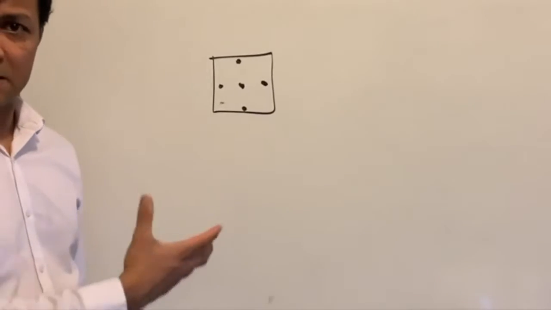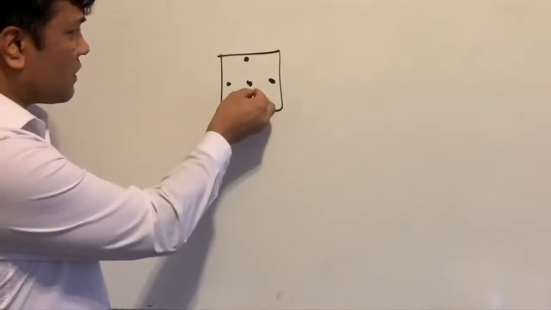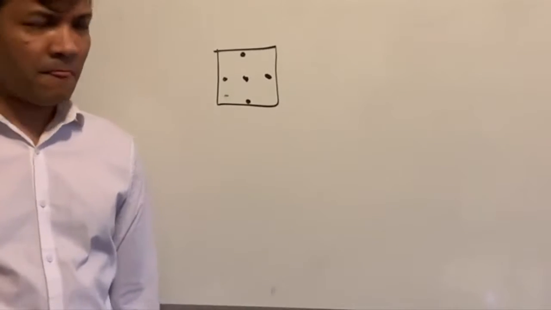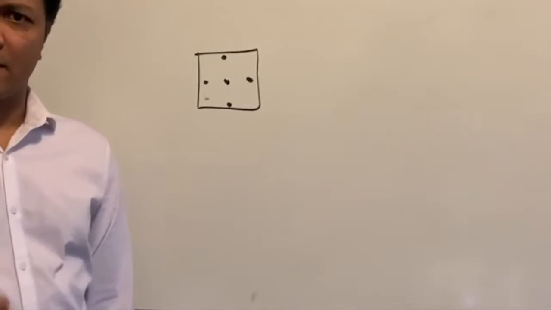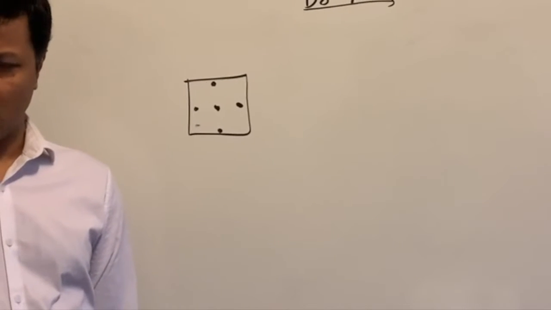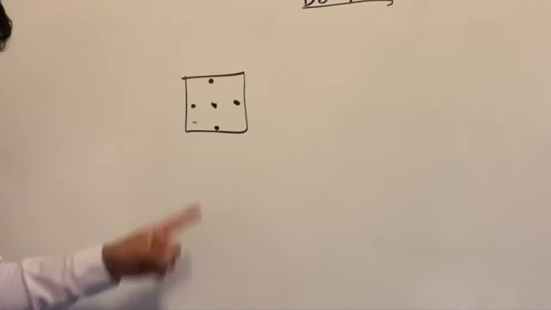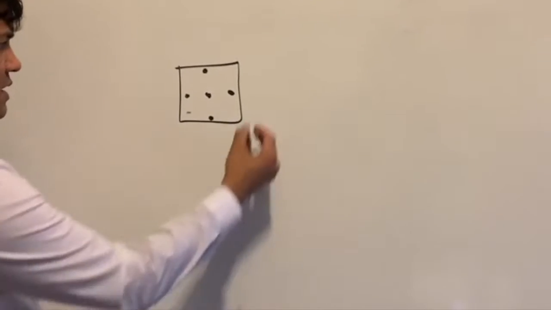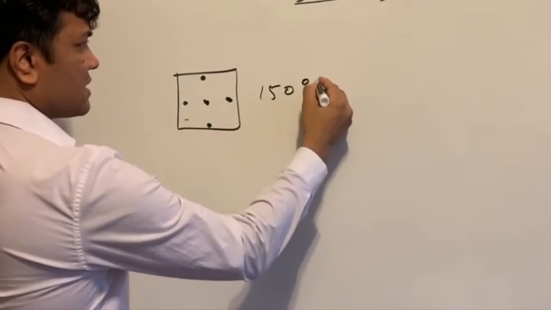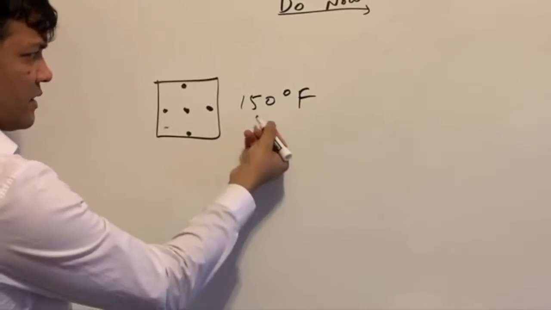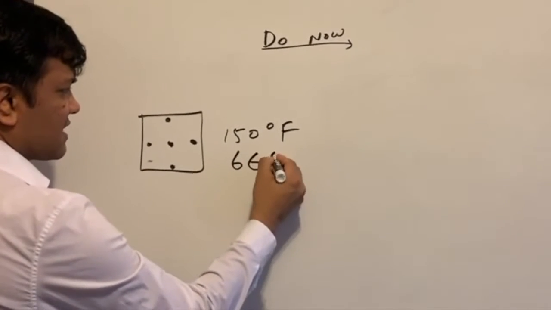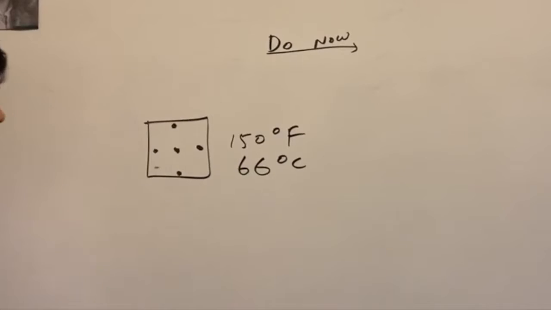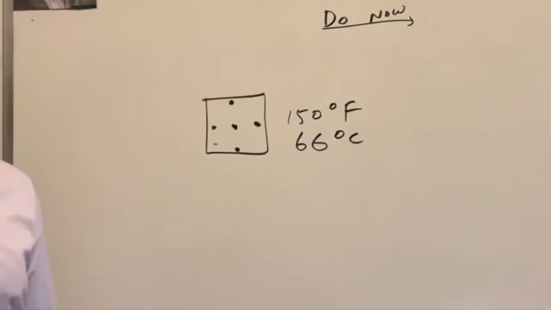I said yesterday, if you bring ice close to the radiator, the ice will melt. If you bring coronavirus, for example, what will the field do to the coronavirus? Well, if the field has 150 degrees Fahrenheit, maybe 66 degrees Celsius, then the coronavirus will die.